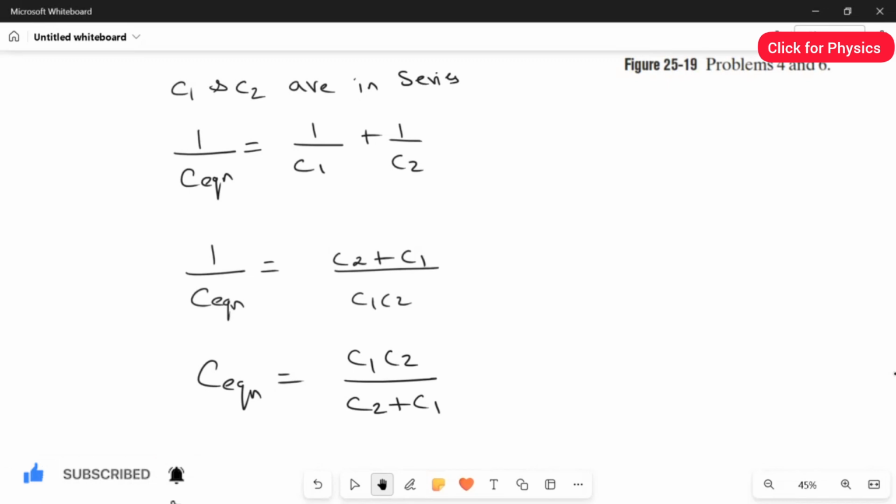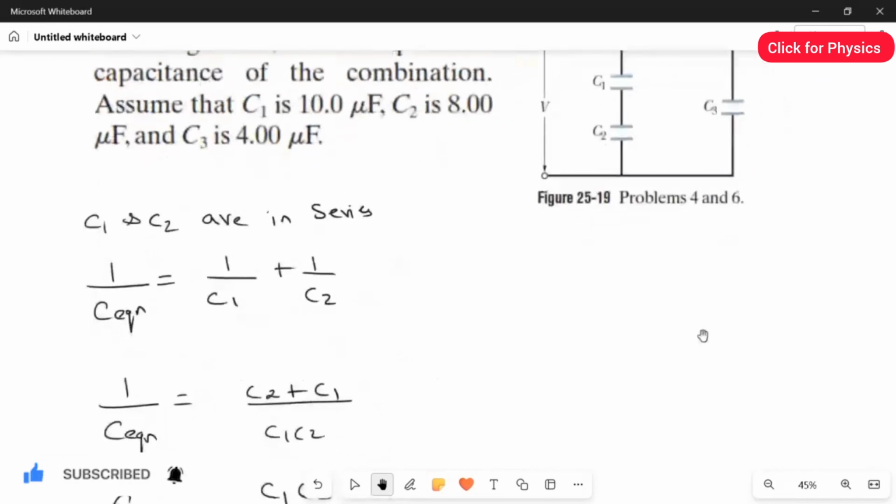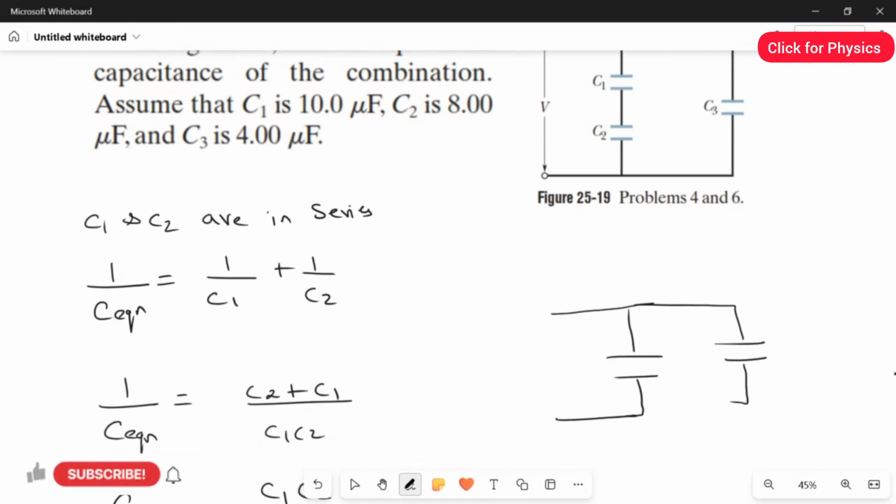That means if you redraw the given diagram, after we got the equivalent capacitance for C1 and C2, we can redraw this diagram as C1 and C2 combined, and then we have to consider C3. So this capacitor is the C equivalent of C1 and C2.